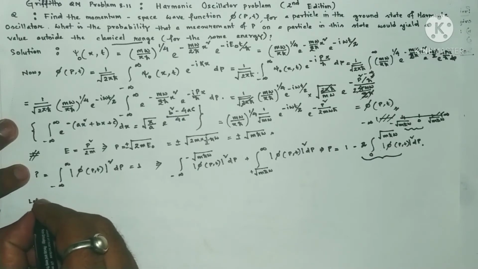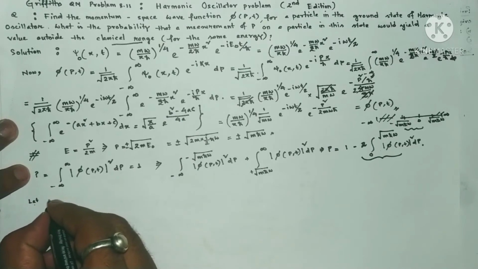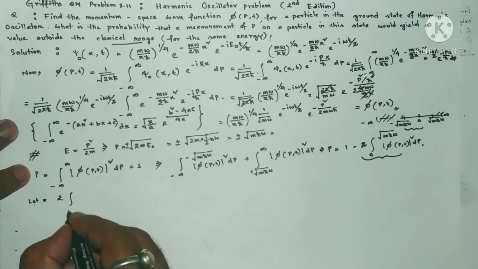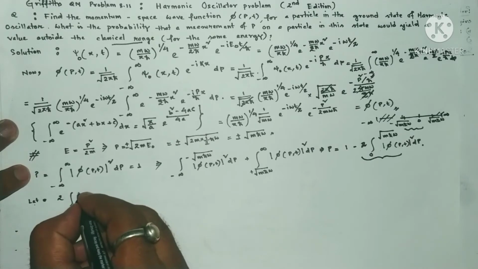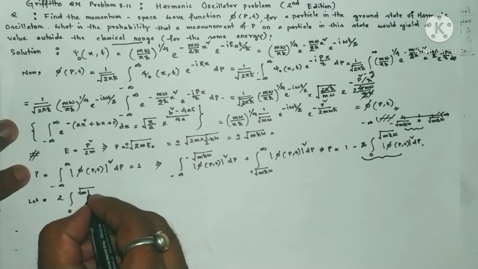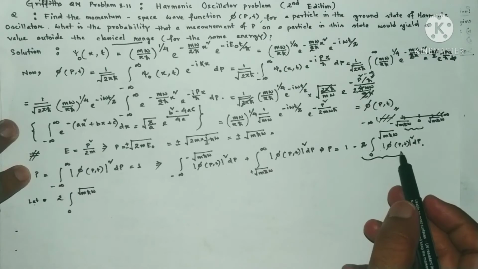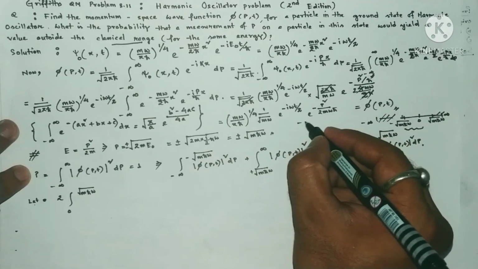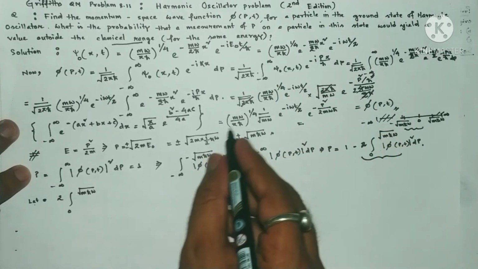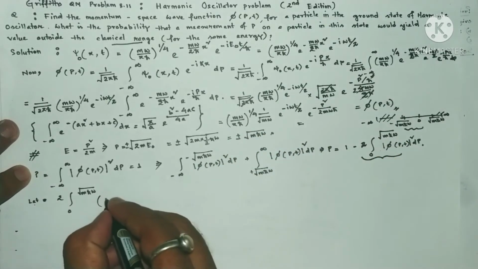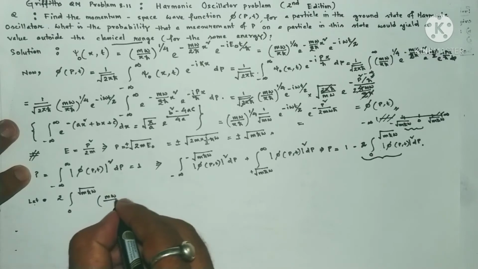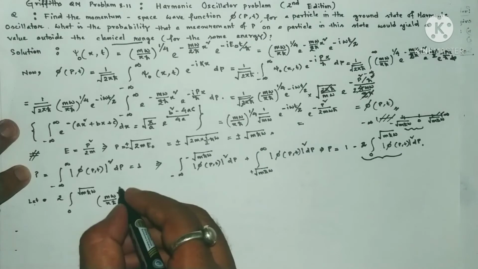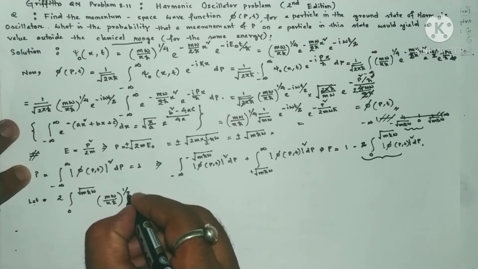So let us take 2, 0 to under root m h cross omega. Now what is our wave function? This is our wave function, right? So here we can write m omega by pi h cross to the power 1 by 4. So this is a square, so this will be 1 by 2.